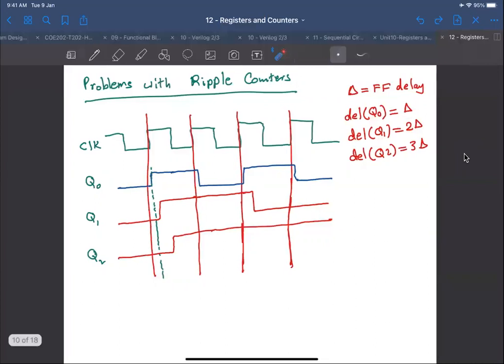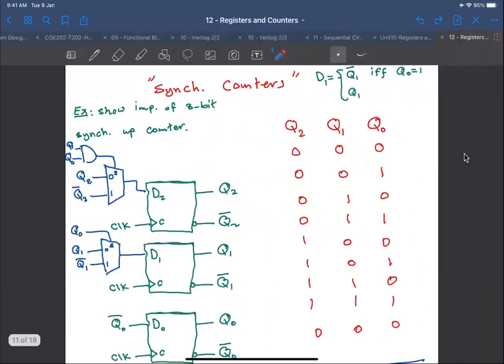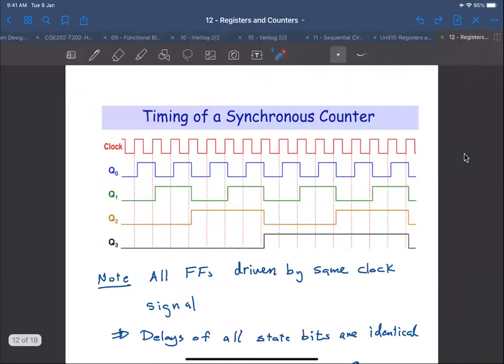But the beauty of a synchronous counter is that all the outputs of the flip-flops will have the same delay, which is delta. They are not going to be rippled like the ripple counter. All the flip-flops are driven by the same clock signal, so their delays are identical.